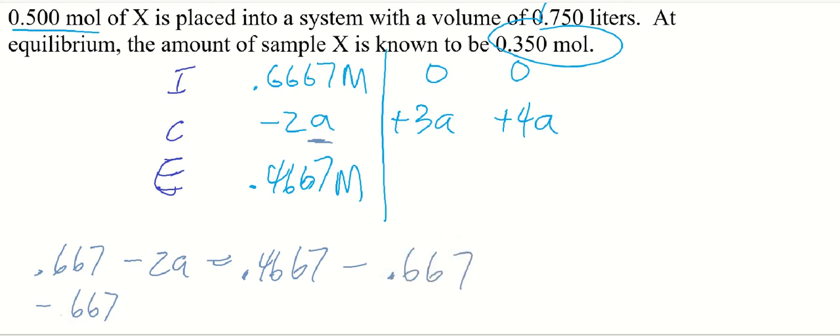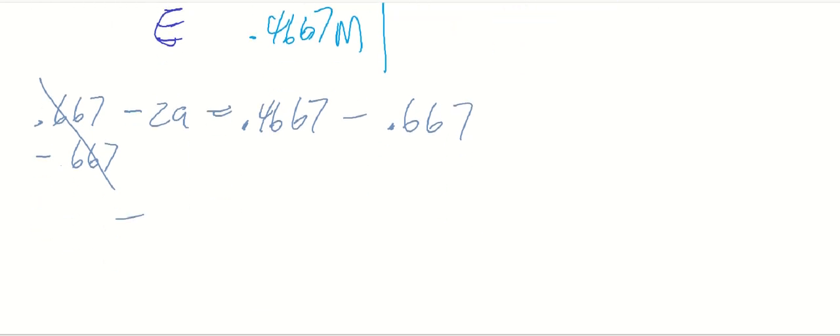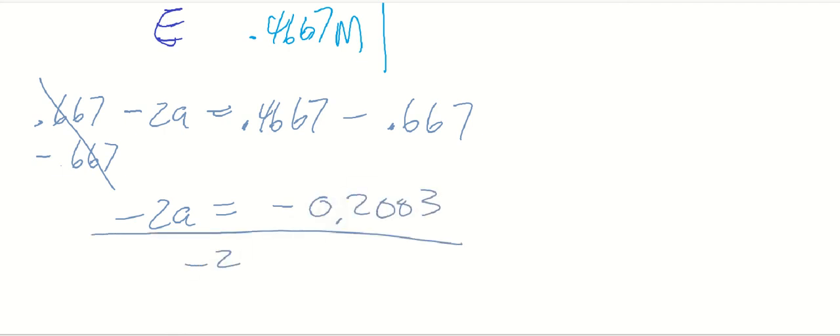Now we have negative 2a is equal to negative 0.2003. Divide both sides by negative 2. So a is going to equal 0.1002, if we want to take it out that far.